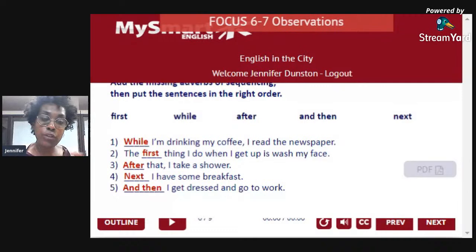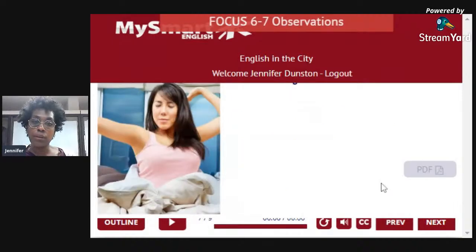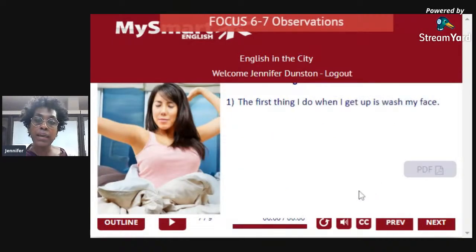So we already know that the first thing that happens, obviously, is first. The first thing I do when I get up is wash my face. And then we want to come up with the other events that are happening after the first event. Let's take a look. All right, the first thing I do, I get up, is wash my face. If it's the first thing on the list, that's number 1.